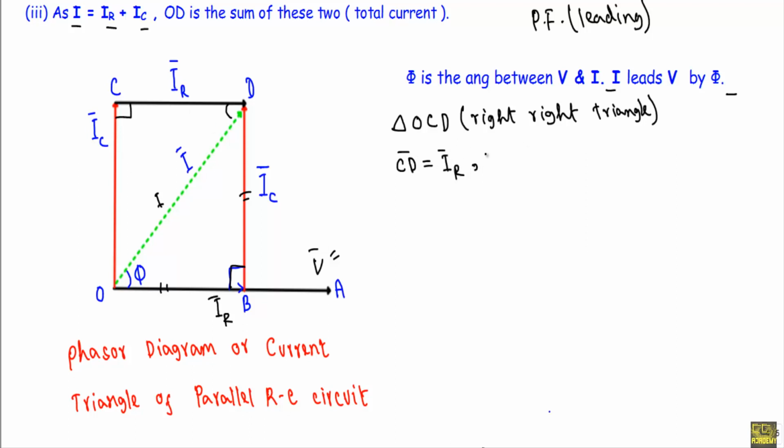The height is OC, which is equal to IC, and the hypotenuse of this right triangle will be OD, which is indicating the total current I. As we are drawing this right triangle using the currents IR, IC and I, this right triangle will be a current triangle.